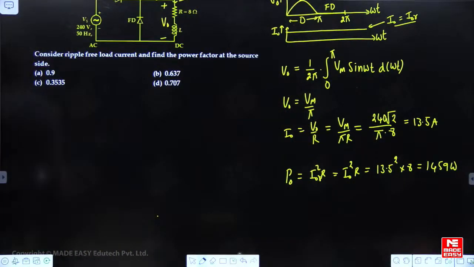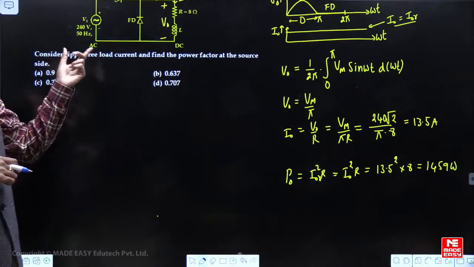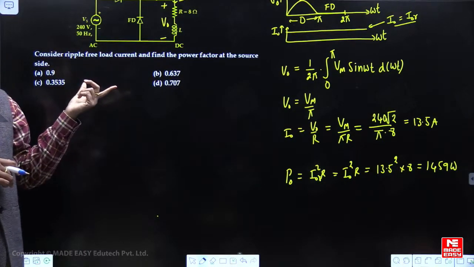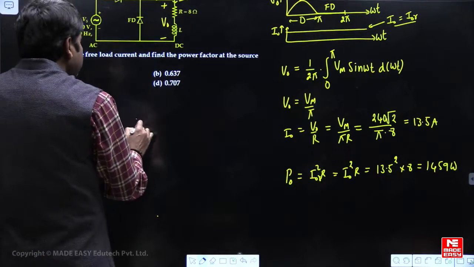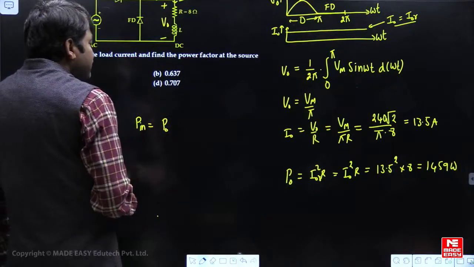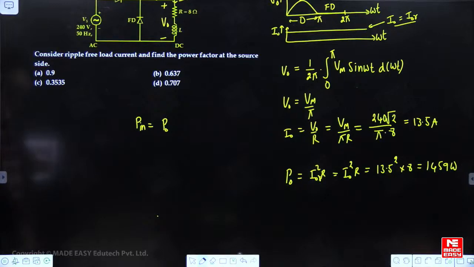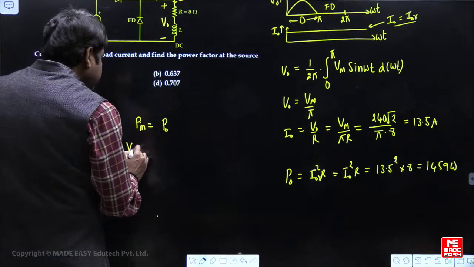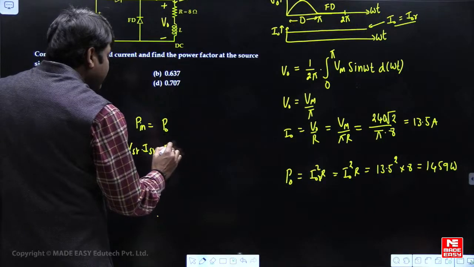Now whenever they are asking power factor in rectifiers, use the power balance equation. Let us assume that it is a lossless converter. Input power on AC side is equal to output power on DC side. Input power on AC side is supply RMS voltage into supply RMS current into power factor.